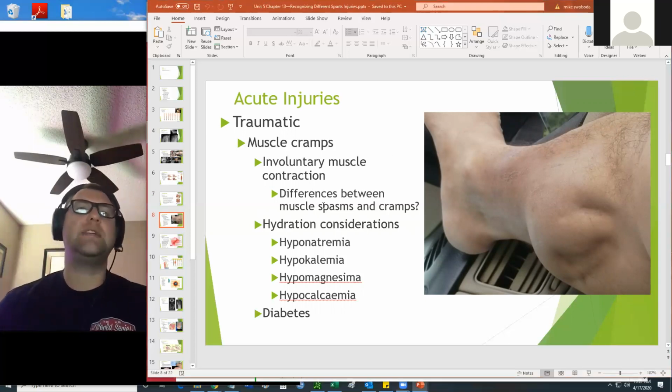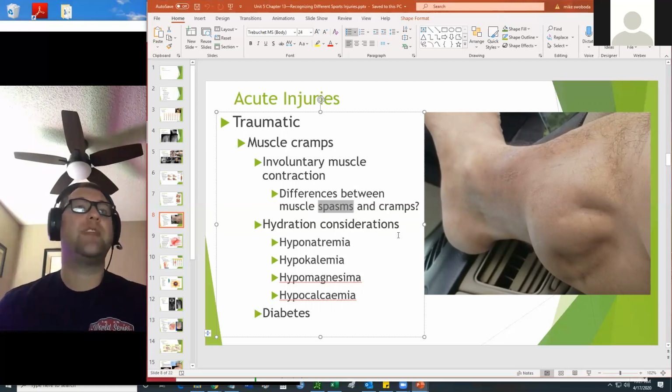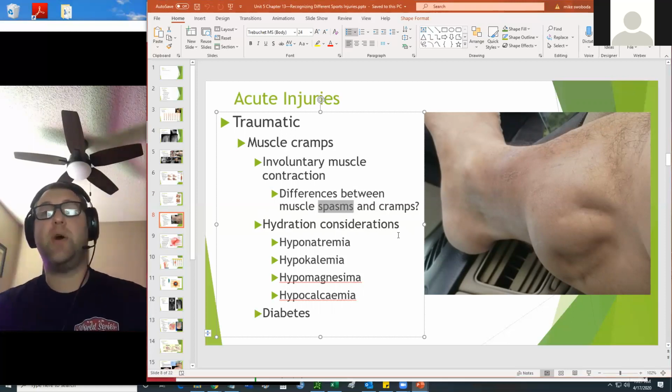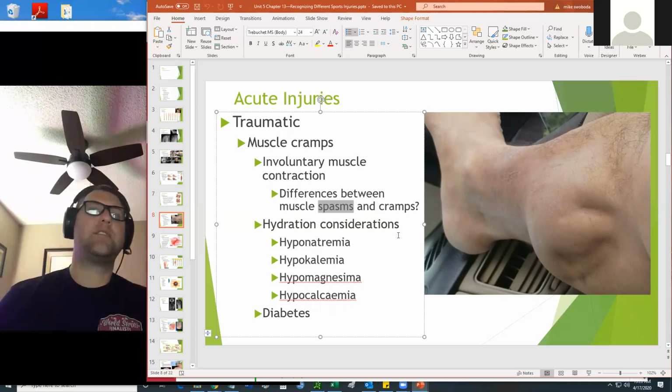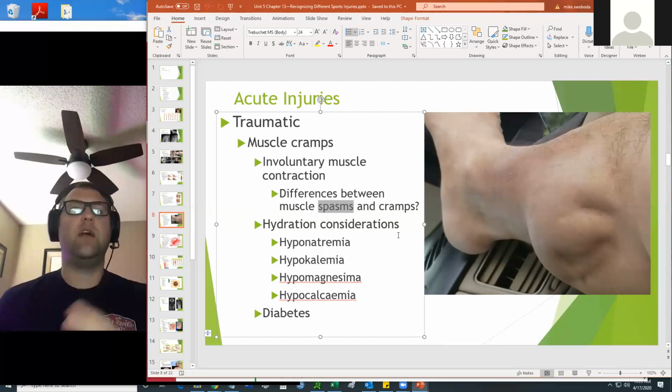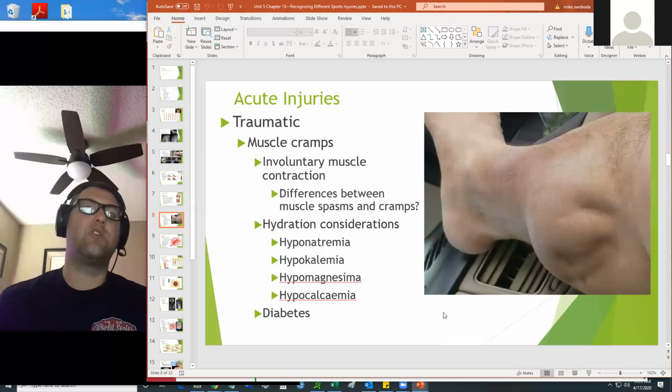Usually a spasm is the result of something like a stress fracture to a nearby bone, some sort of injury to the underlying muscle itself, or potentially a nerve issue causing an involuntary contraction of that muscle.